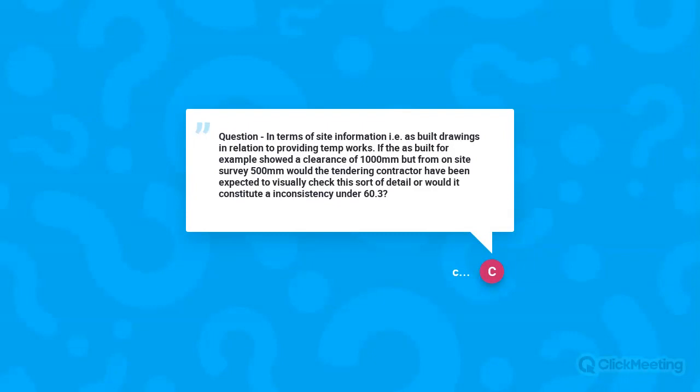Which isn't a huge amount, so unless there's a really strong argument to say, come on, guys, a visual inspection would have easily revealed this, then I think you've got a good argument that a visual inspection wouldn't reveal something like that, because a visual inspection isn't going around with your tape measure and your microscope to check everything.